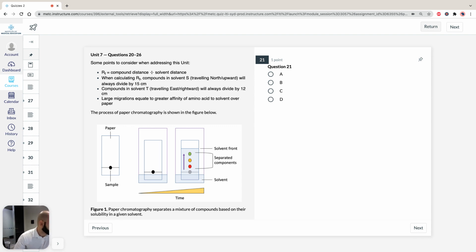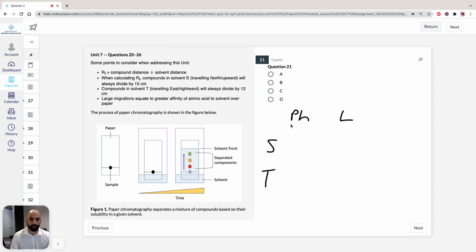But the quickest way to do this is it wants us to find leucine and phenylalanine. So let's just write it down: solvent S, solvent T, for phenylalanine, and for leucine.